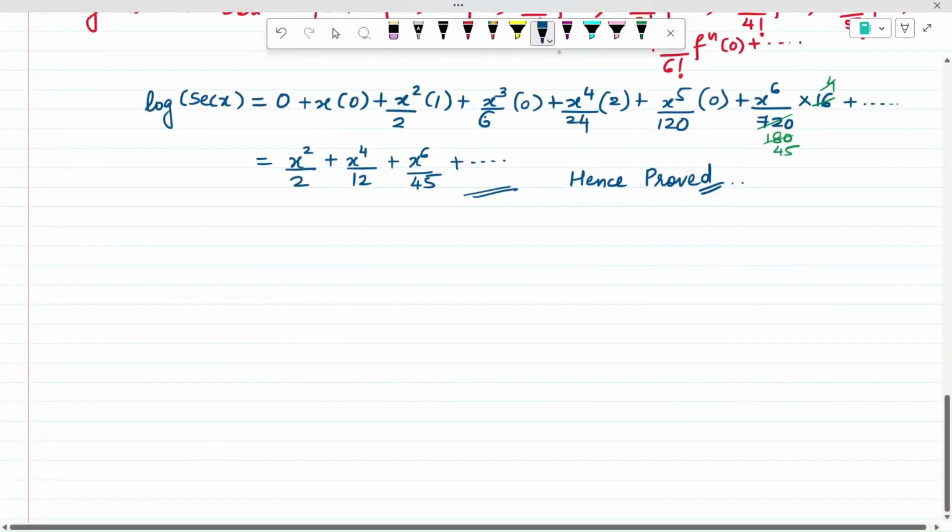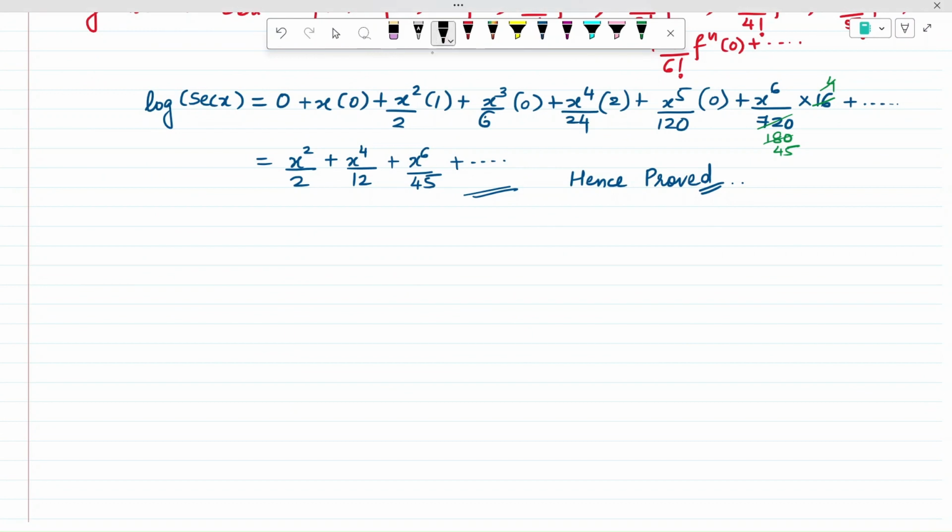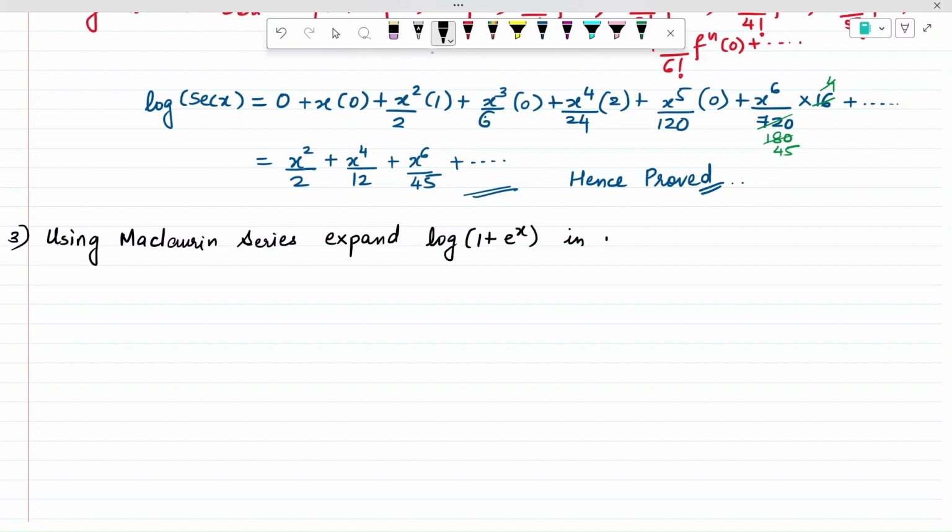Let's take one more example. So the question says using Maclaurin series, expand log of 1 plus e raised to x in powers of x up to x raised to 4.